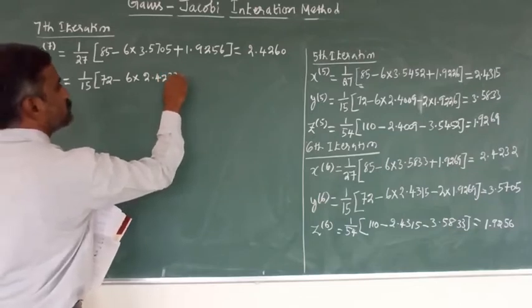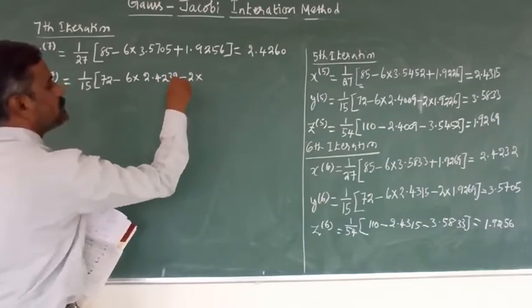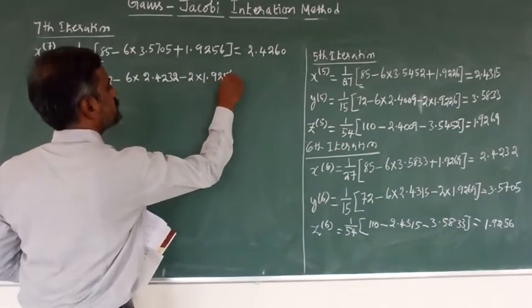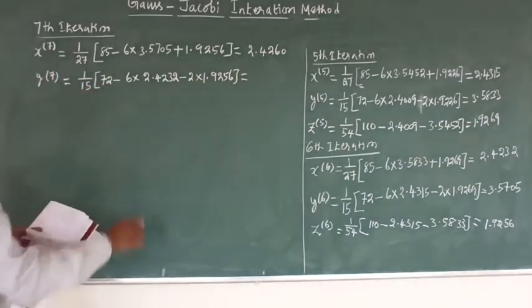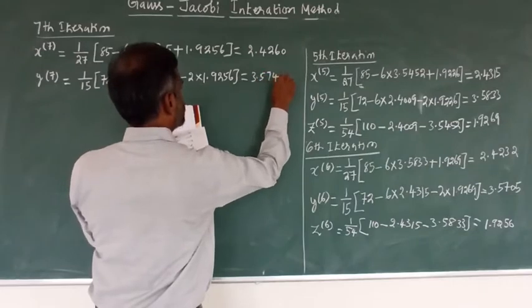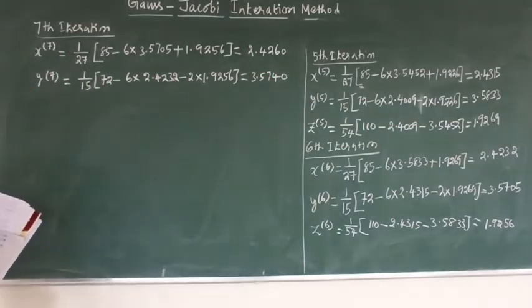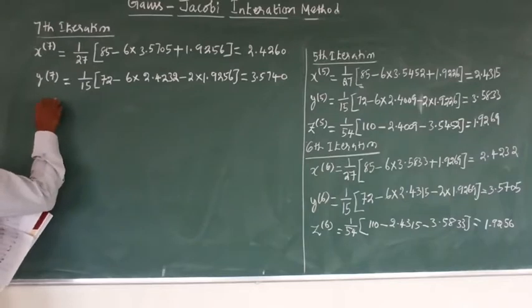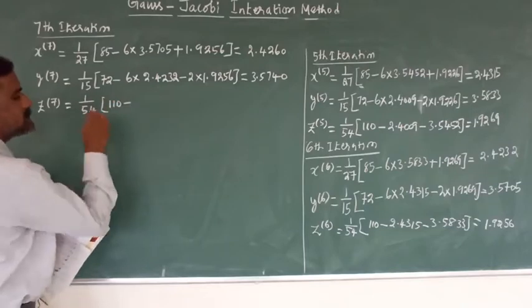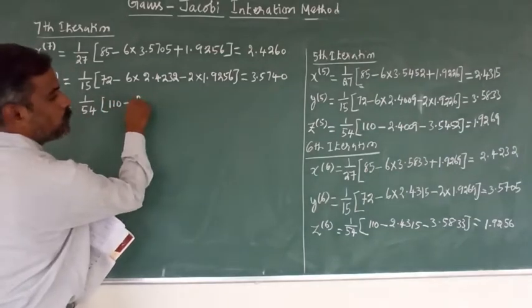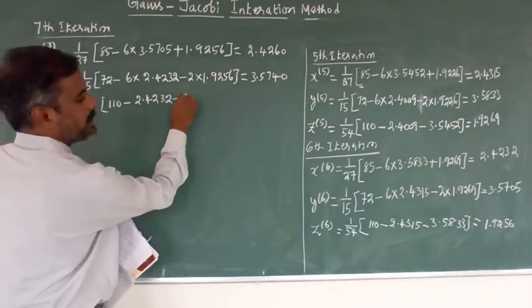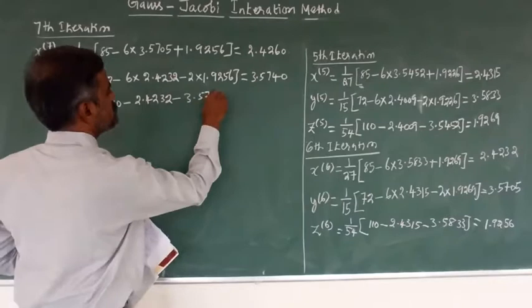2.4232 minus 2 into z value 1.9256. Now to simplify this one, the result is 3.5740, and z7 equals 1 divided by 54 within bracket 110 minus x value 2.4232 minus y value 3.5705.